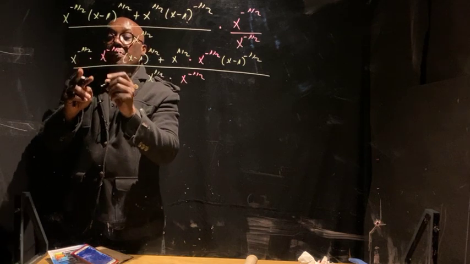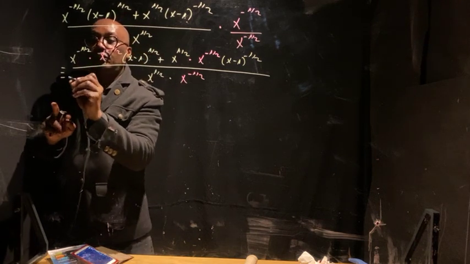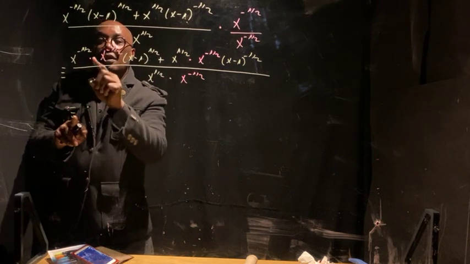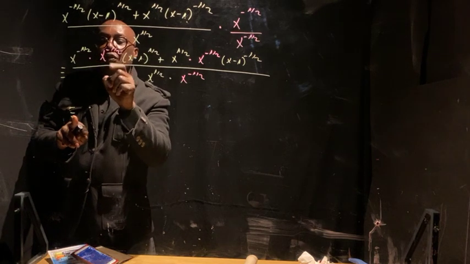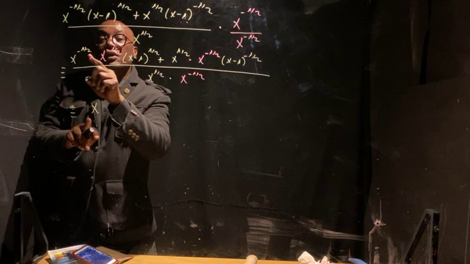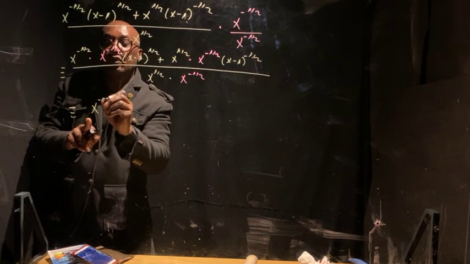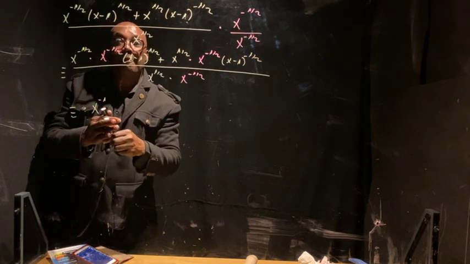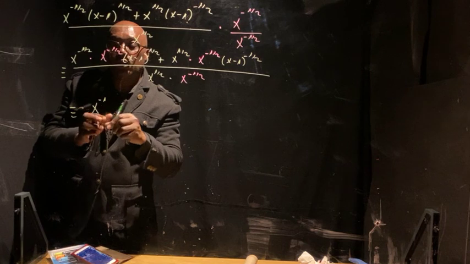Law 1. We have this one and this one. Using law 1, it becomes x raised to the power minus half plus minus half is equals to minus 1. Then this one comes along.